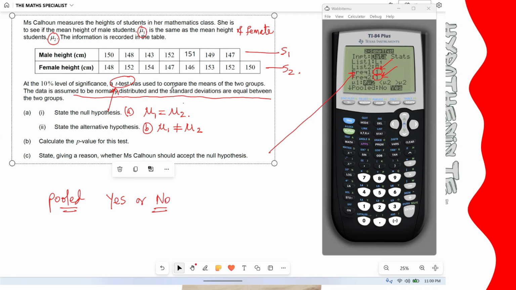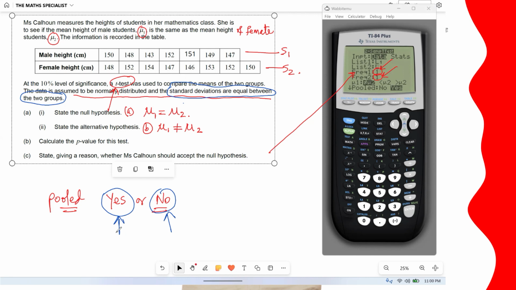If we read the question properly, there is this statement: it says the standard deviations are equal between the two groups. So since the standard deviations are equal, for pooled we say yes. If the standard deviations are not equal, for pooled we say no.